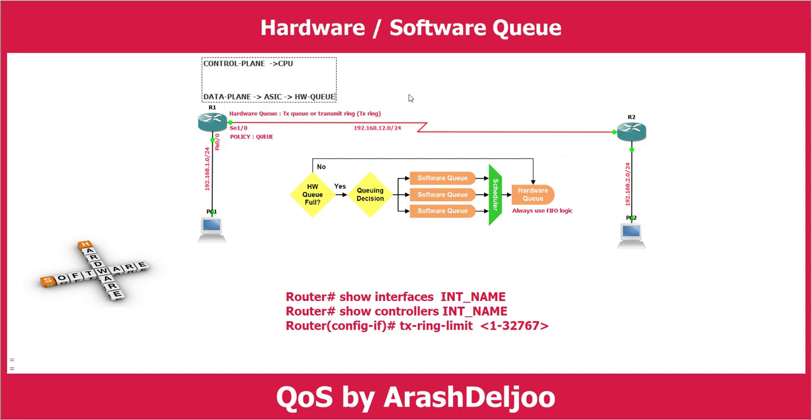When the control plane completes the tables in the data plane, like the FIB, traffic is forwarded with the help of the FIB in the data plane. Because the ASIC can directly control the hardware queue, we can always forward the traffic from the hardware queue without waiting for the general purpose CPU. And because of that, if the router is busy, we can still send the traffic without waiting for the CPU.